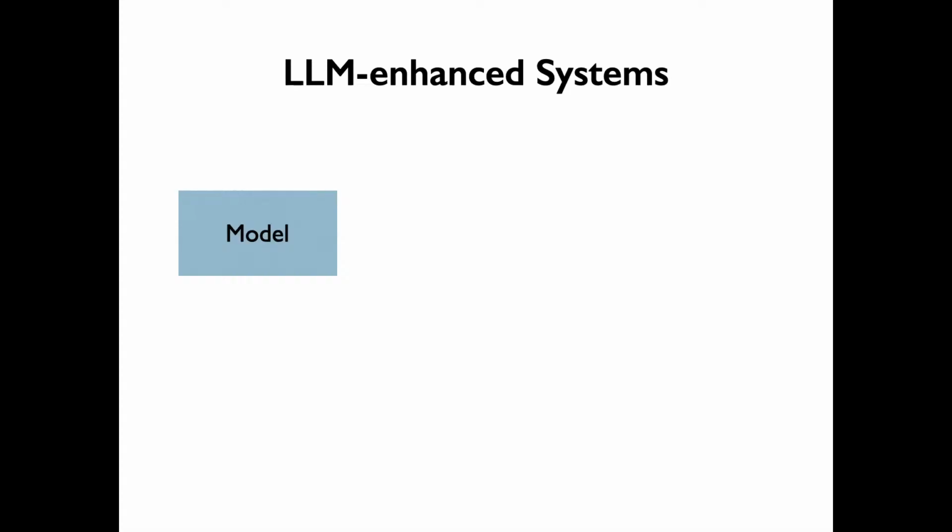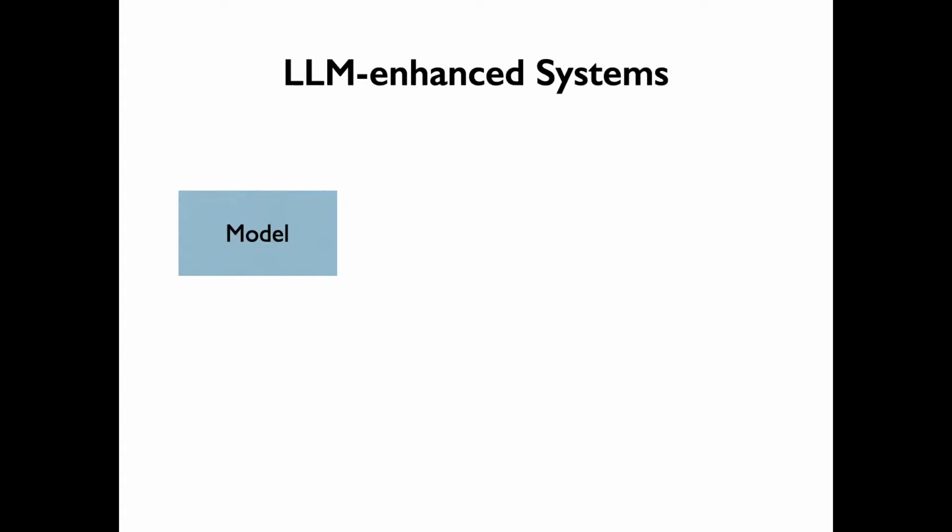So where do these aspects come in? These new aspects to the problem come in because these days, we are looking to use the large language models not in isolation, but as part of LLM-enhanced systems, right? So what do I mean by LLM-enhanced system? Well, obviously there is the model, right? The model can be either open weights, like the Llama models, or it can be closed weights, like ChatGPT.